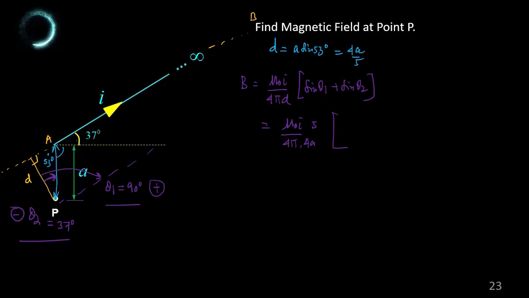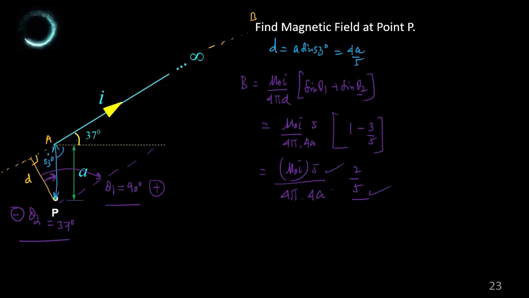Sine theta 1 is sine 90, that means 1, and sine theta 2 is sine of minus 37, so minus 3 by 5. So ultimately I am getting 2 by 5 in the bracket. So mu naught I, 5 is there, over 4 pi into 4a into 2 by 5. So this 5 will cancel out this one.